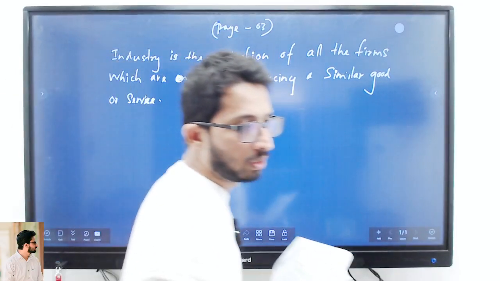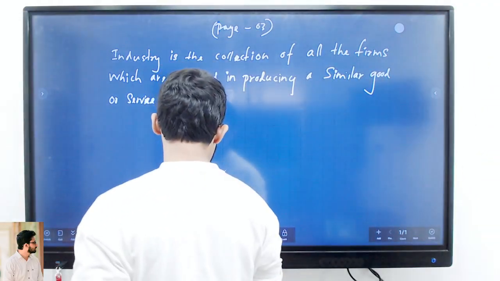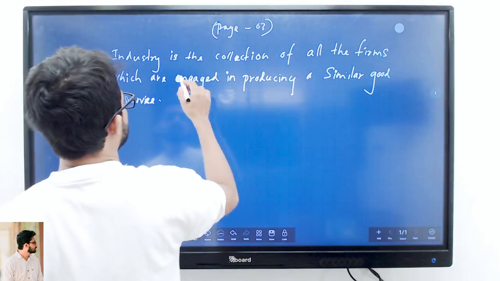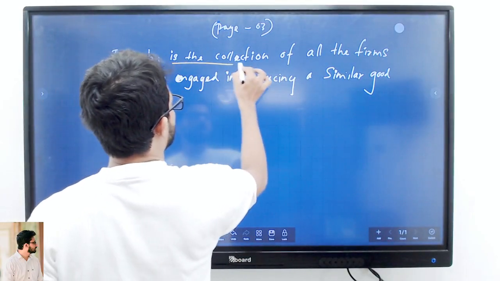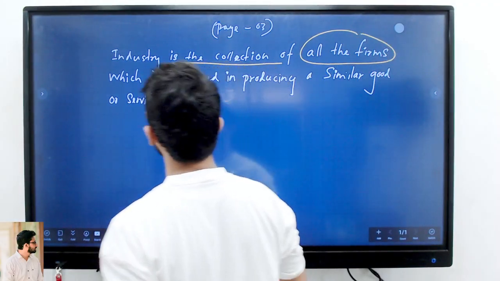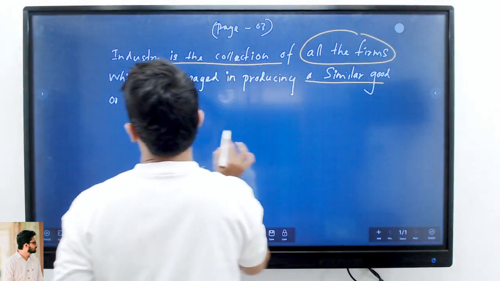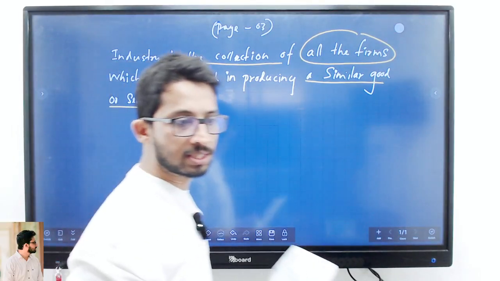Okay, Lamai. This is called industry. Industry is the collection of all firms which are engaged in producing a similar good or service.